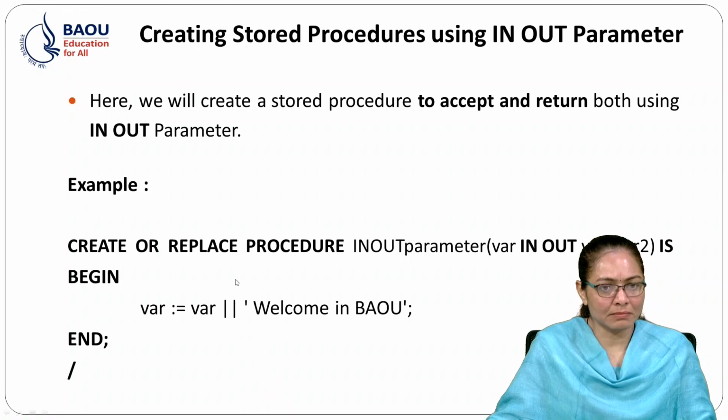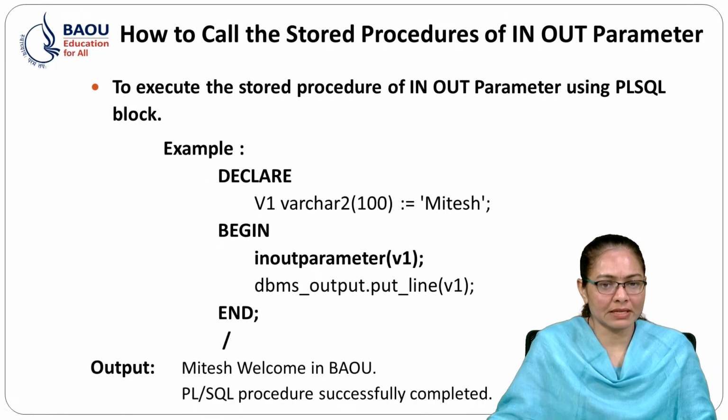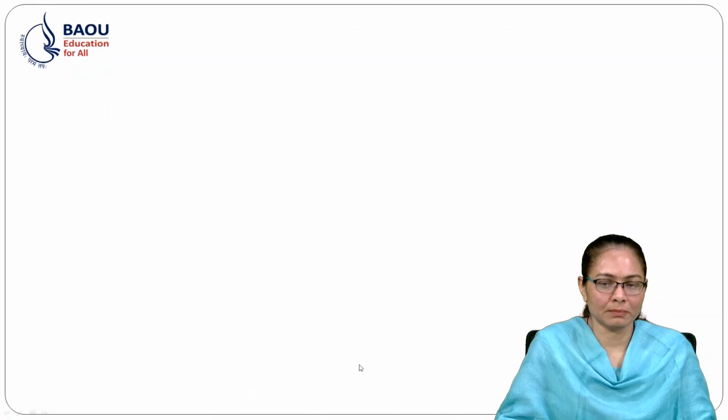So, Mitesh is combined with this string welcome in BAU and then it is also an OUT variable. So, the variable Mitesh welcome in BAU is returned. So, it will display Mitesh welcome in BAU. The procedure is successfully completed.